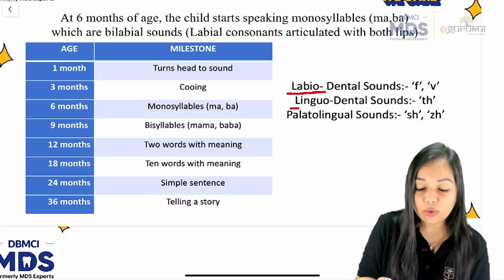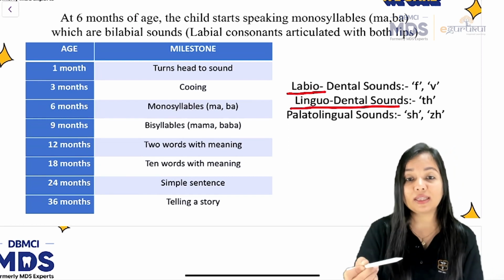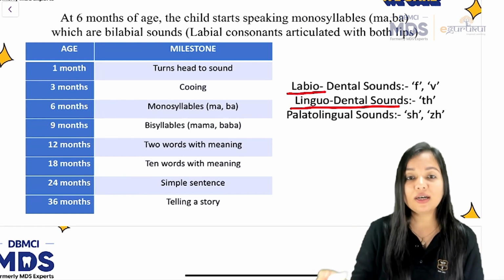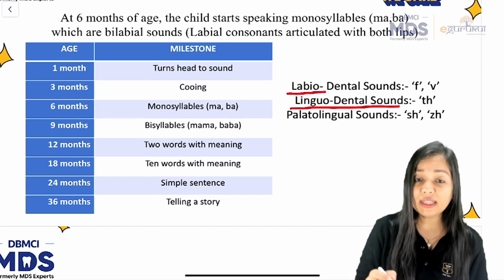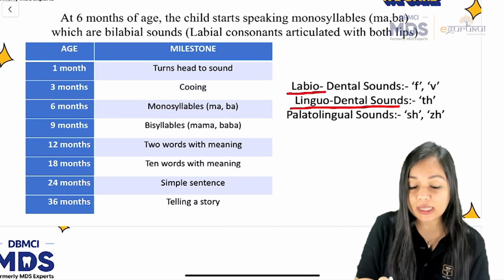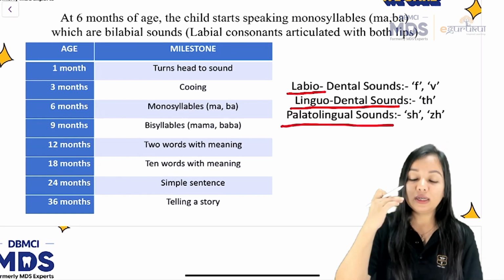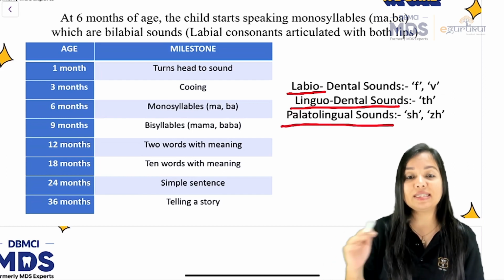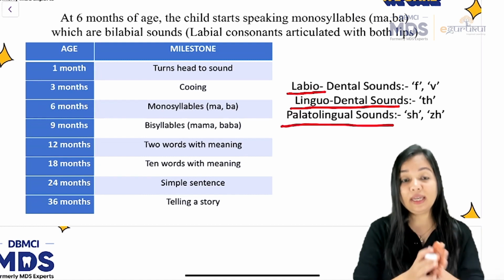Then we have linguodental sounds where I touch the tongue and the teeth. These are sounds like th. When I say th, I'm using my tongue and my teeth. And there are the palatolingual sounds, which are sounds made by connecting the tongue, that is lingual, and palate. These are sh and z. So in these there is a use of the palate and the tongue.